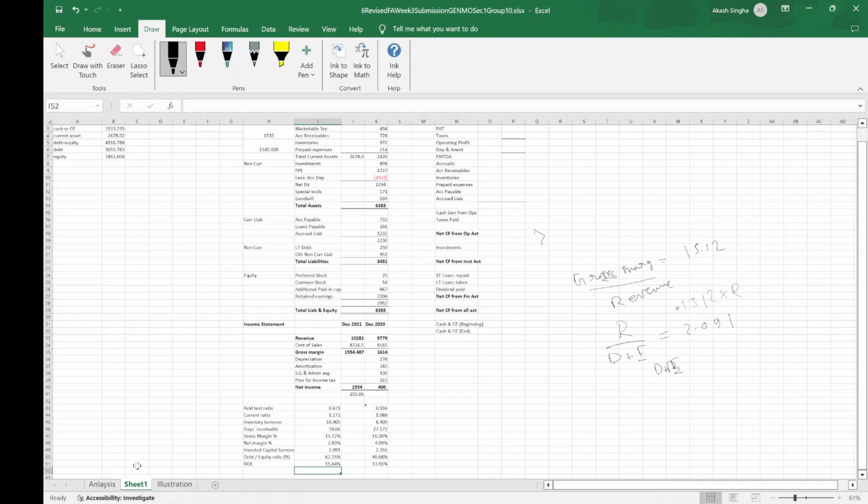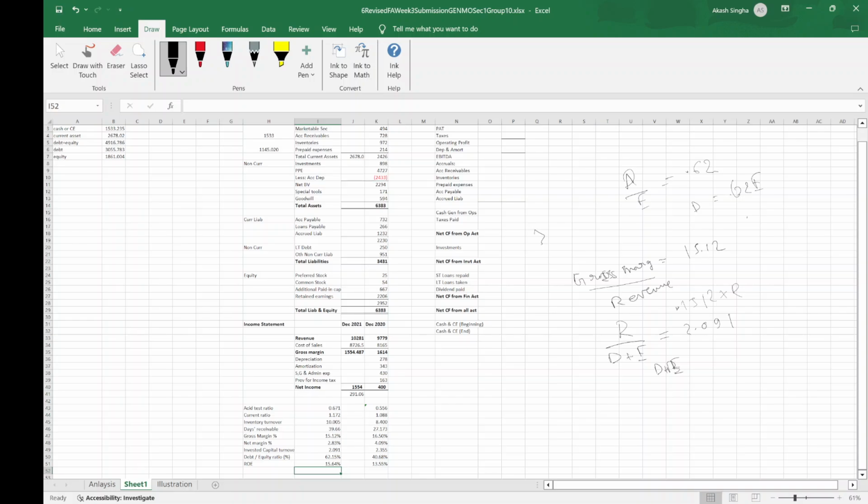Debt to equity ratio 62.15. So debt to equity is 0.62. Okay, so debt should be 0.62 of equity.